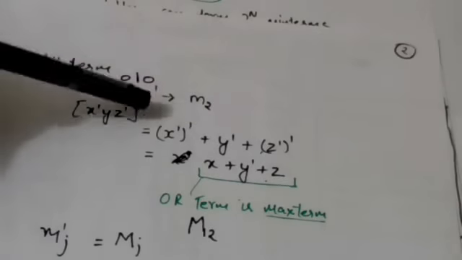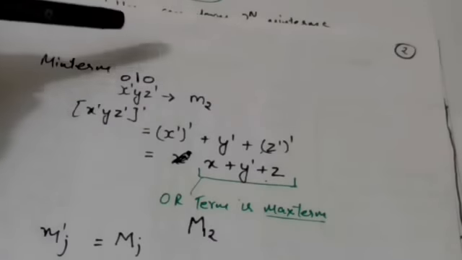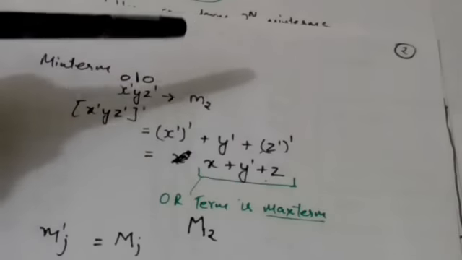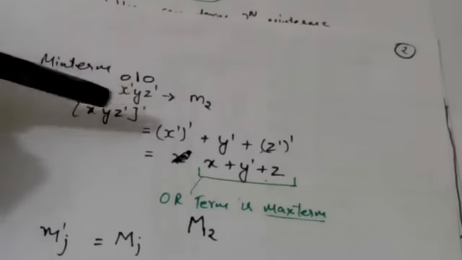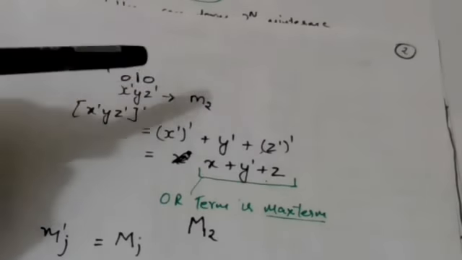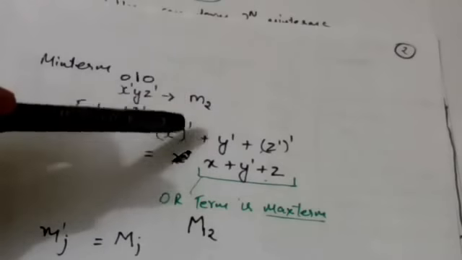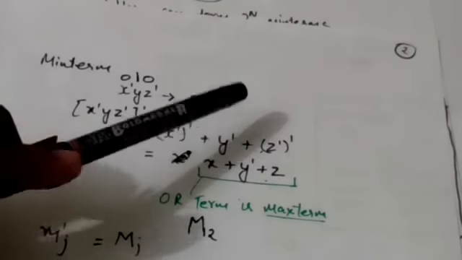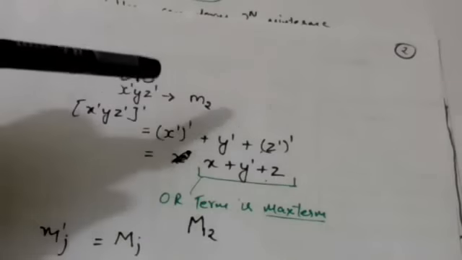Now let's take the complement of this minterm. It would be, by De Morgan's theorem, the complement of x naught plus complement of y plus complement of z naught.